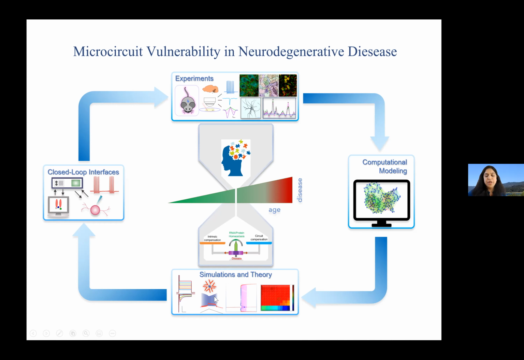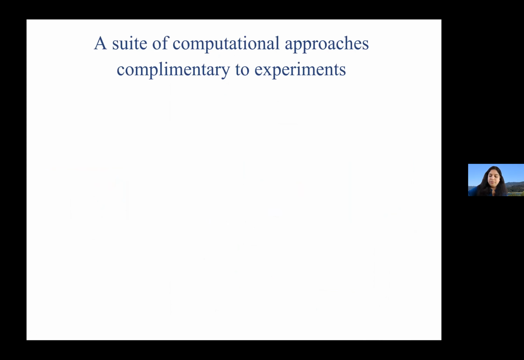Of course, we use our models to conduct further simulations and apply theoretical analysis to better understand what is happening. I'm also really excited to share another methodology that we tried in collaboration with a lab at UCLA, and I'll tell you more about that. It involves interfacing real neurons with the computational models that we develop. So I'm really excited to share that with all of you.